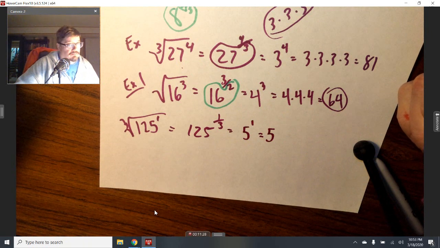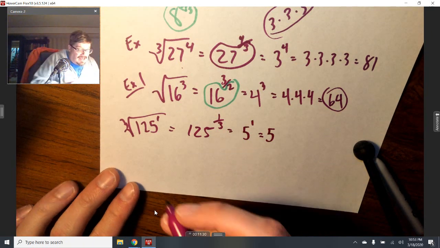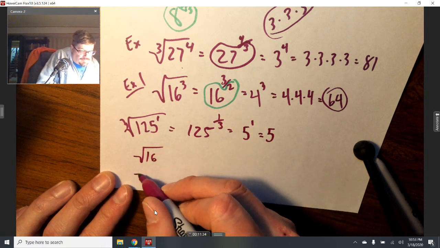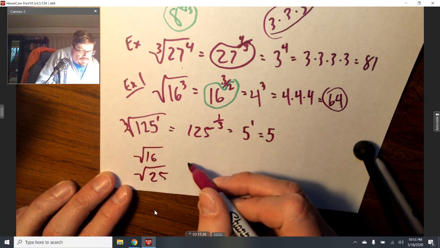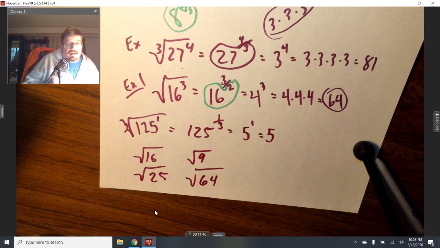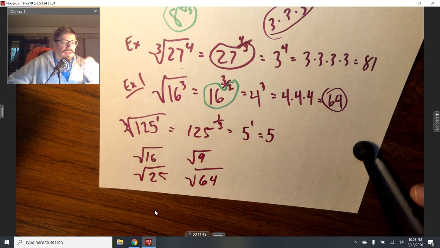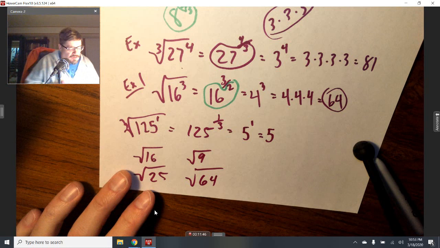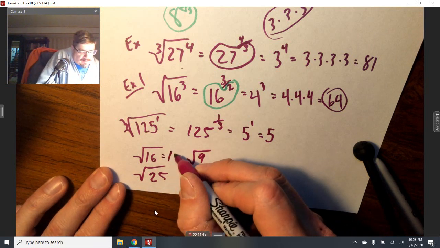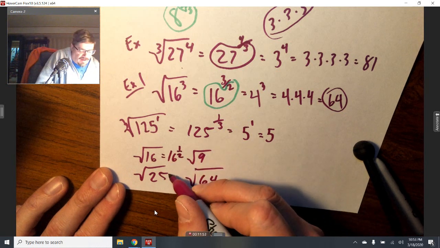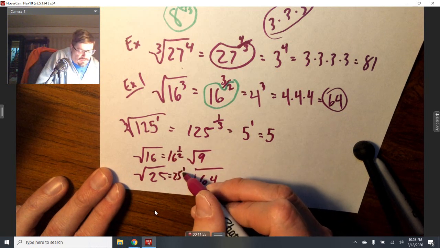That's it. So we're so used to writing the square root of things that what we want to do in Algebra 2 is think of it like 16 to the 1/2. That's a square root. 25 is 25 to the 1/2.